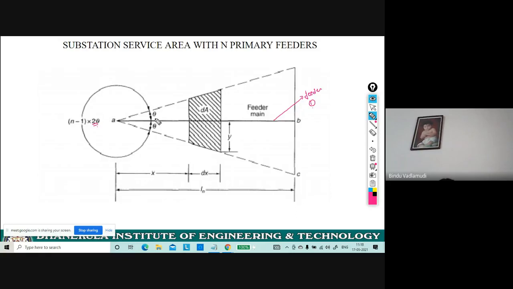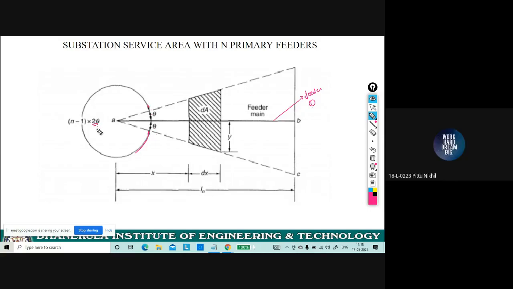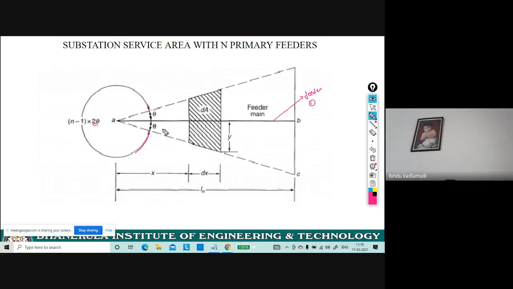If you observe the arrow marks from here to here, they show the remaining angle other than this, which is n minus 1 into 2 theta. Did you get my point? Yes, ma'am. So in this area of the first feeder, we are considering a part of the section.